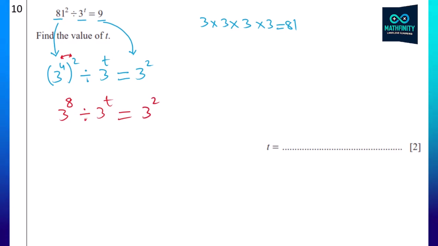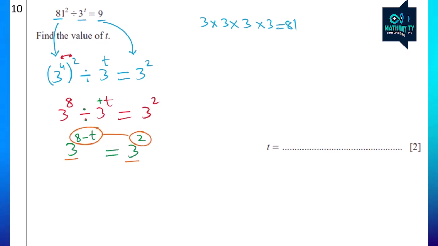Division, bases are same and the division sign is between them, so we have to change the sign of this one. 3 power 8 minus t is equal to 3 raised to power 2. Now the bases are the same on both sides of equality, here 3 and 3. It means we can equate the powers. If bases are the same, it means powers are also the same.